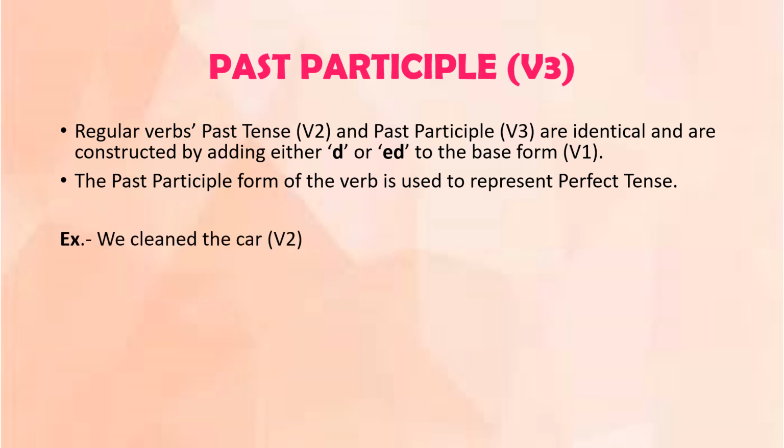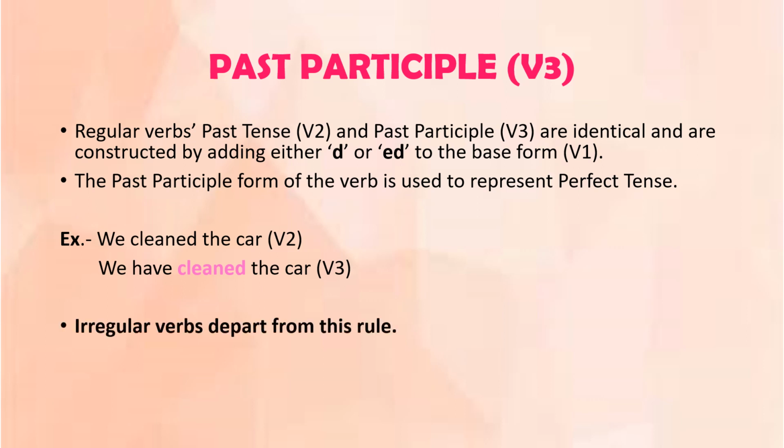For example, we cleaned the car. Here the sentence is in past tense. We have cleaned the car. Now the sentence is in perfect tense because we have used cleaned in its past participle form.